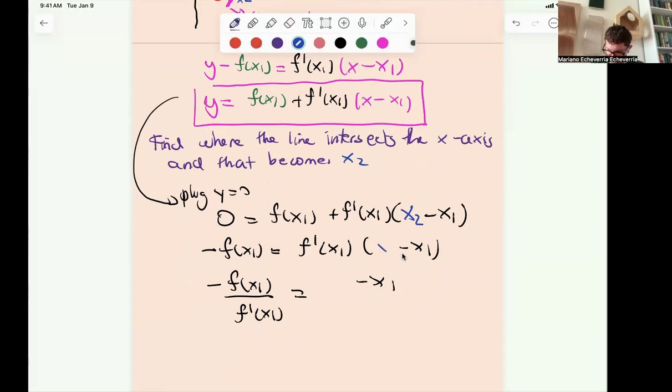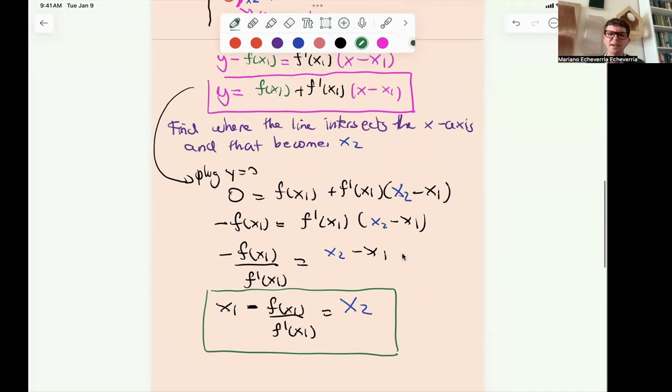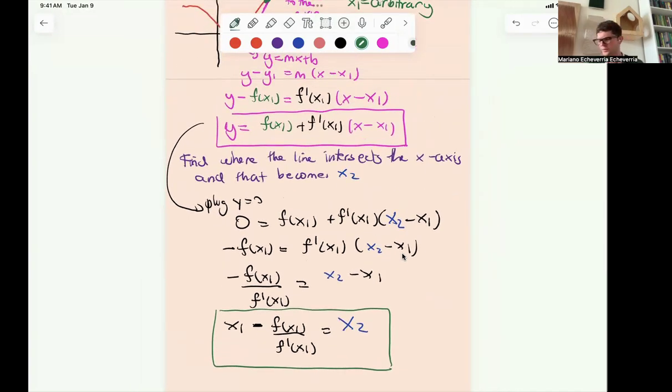You add x1 to both sides, and this gives you the formula for x2. Is it making sense how I found the x2 value?